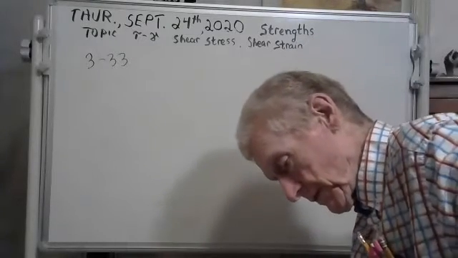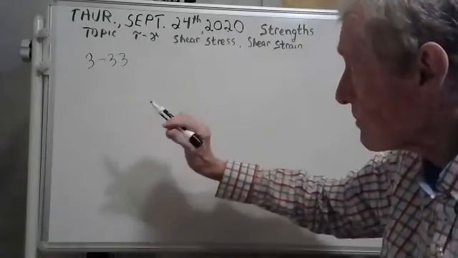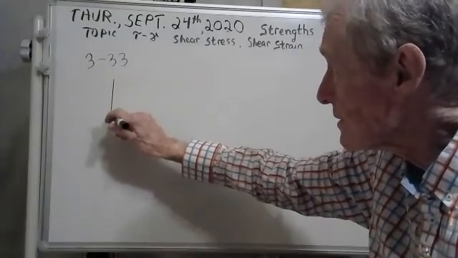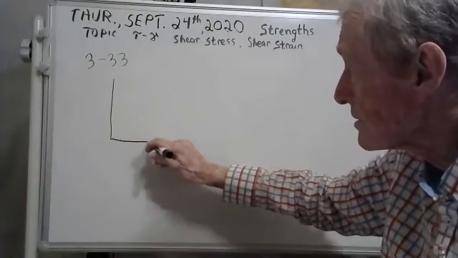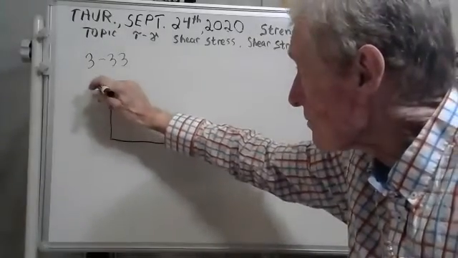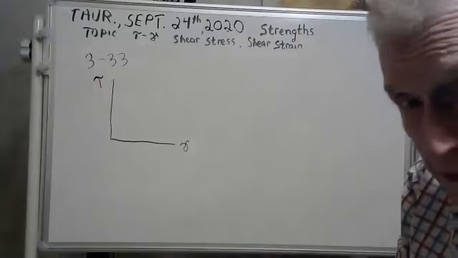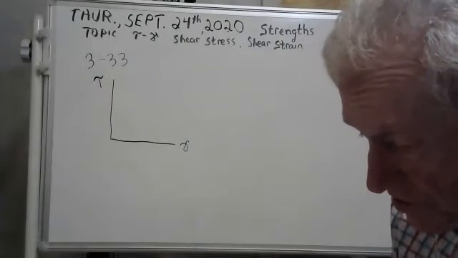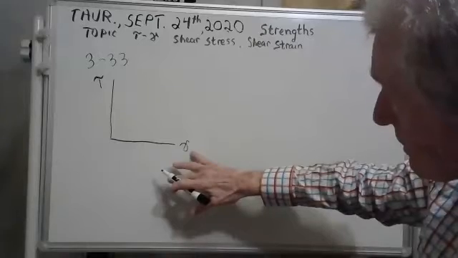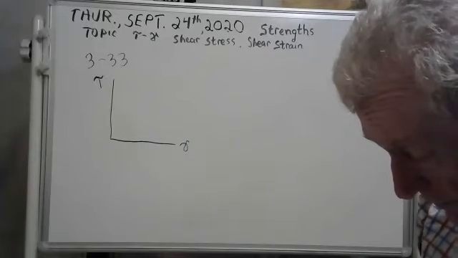Okay. Now, what they did was they plotted up the shear stress, shear strain curve. You see that tau right there, that Greek letter tau? That's shear stress. And this gamma, this is a Greek letter gamma. That's shear strain.